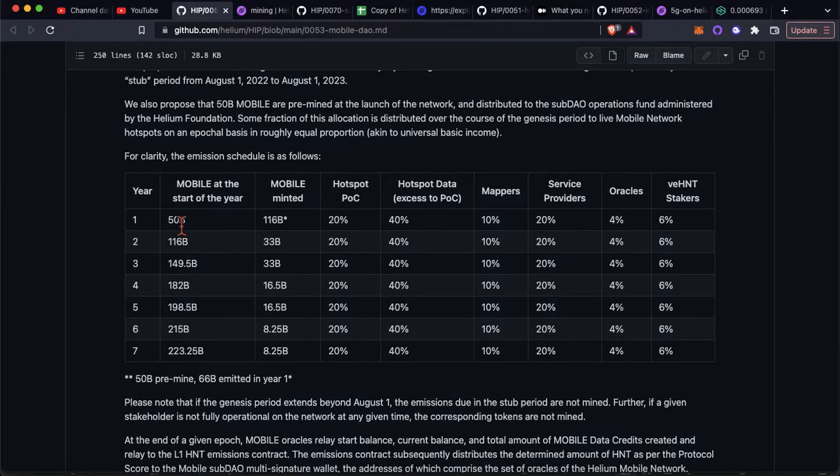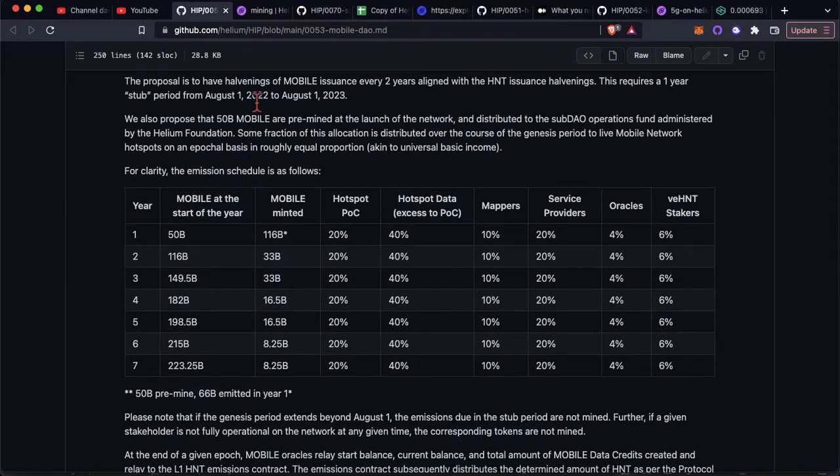So we know about the 50 billion pre-mine of mobile at the start of the year. This started a little bit later than August 1st and is supposed to run until August 1st, 2023. We're not going to be anywhere near this 66 billion emitted in year one, potentially.